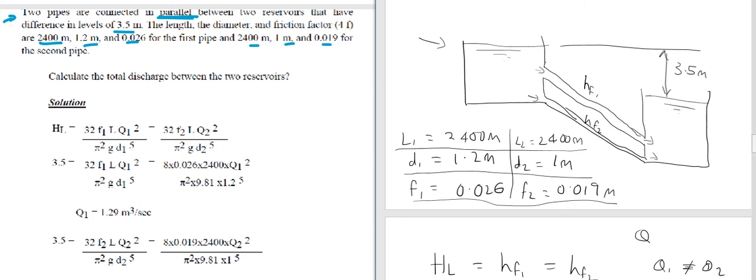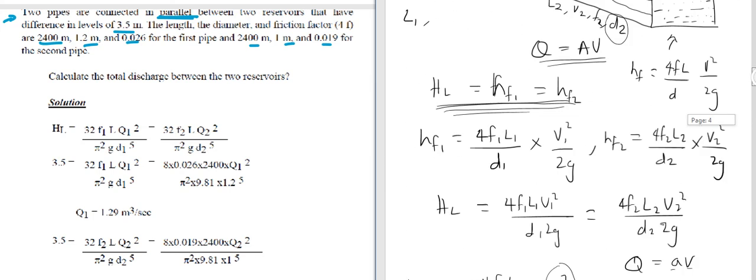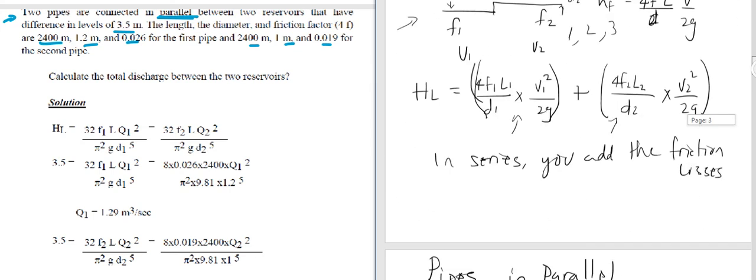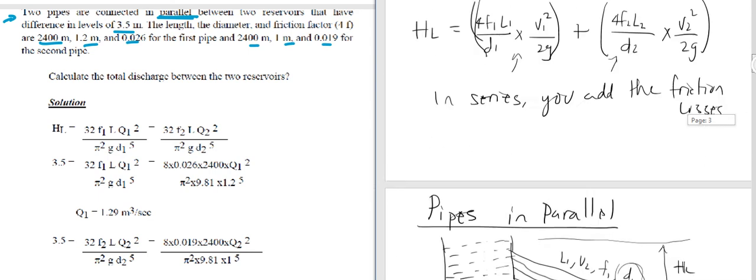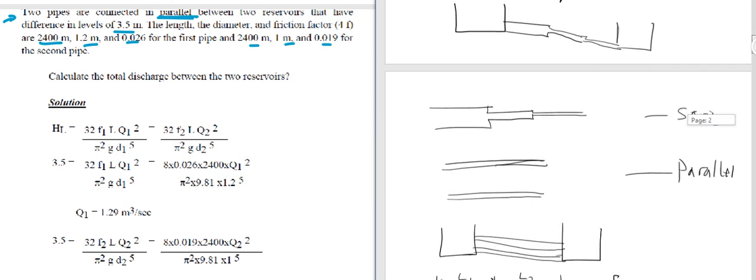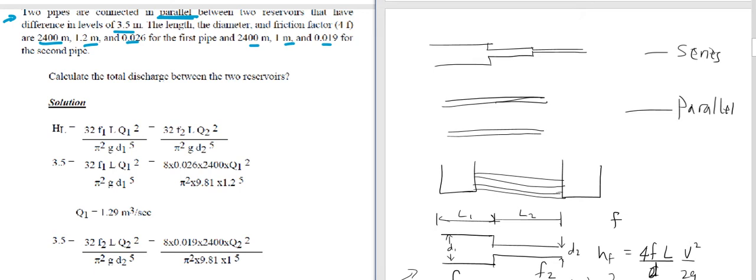In series, we have all these pipes connected together basically as one, but in parallel there are two independent pipes.